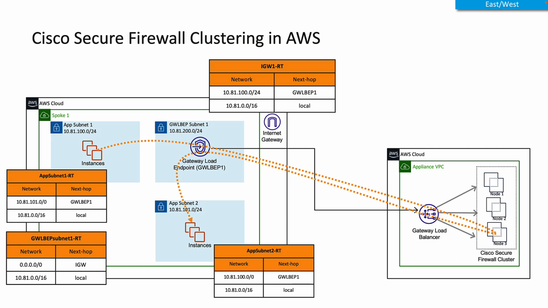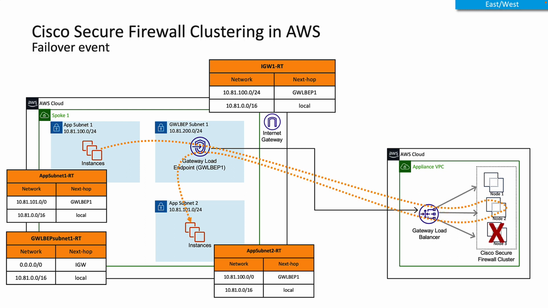The instances will send traffic to the gateway load balancer endpoint based on the routes given, and then traffic is received on the gateway load balancer. Gateway load balancer will then send it to the firewall, and again the firewall will process it and send it back to GWLB. GWLB will send it back to the GWLB endpoint, and that's how your end machine is going to receive the traffic.